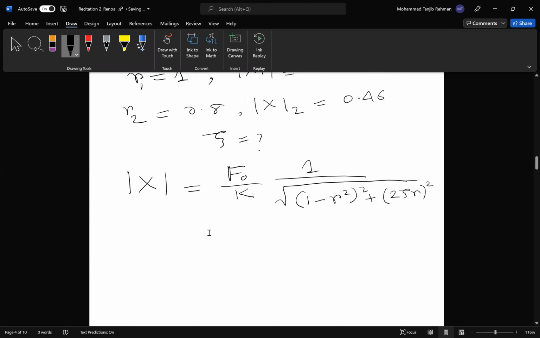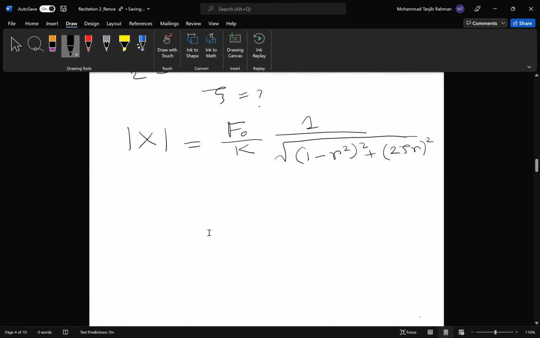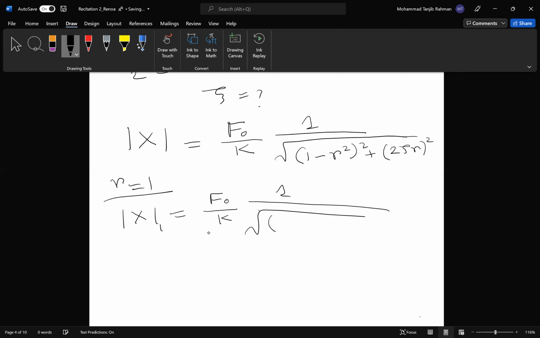So when r is equal to 1, we can write x1 is equal to f naught by k times 1 over root of 1 minus 1 whole square plus 2 zeta square, which will ultimately be x1 equals f naught by k 2 zeta.